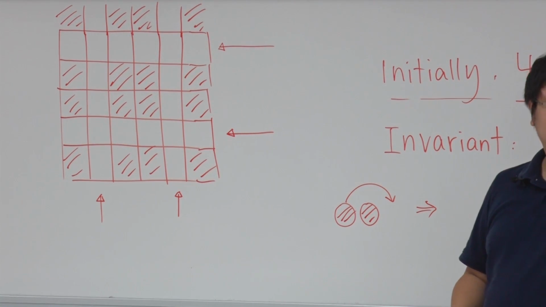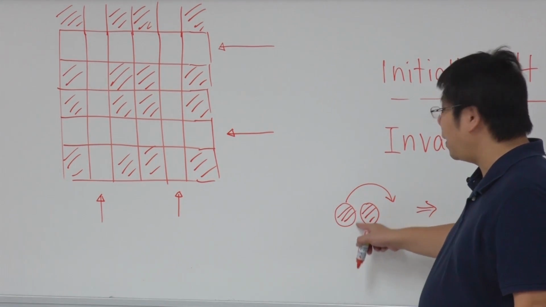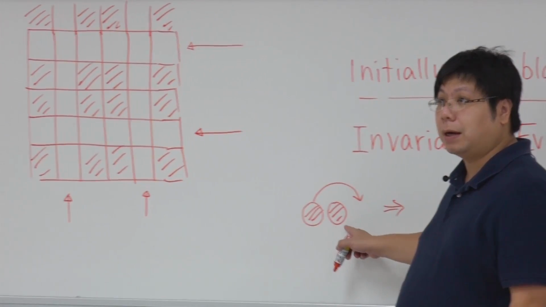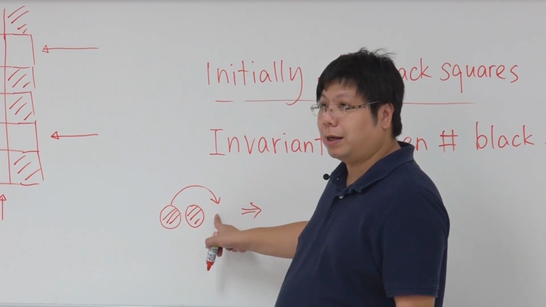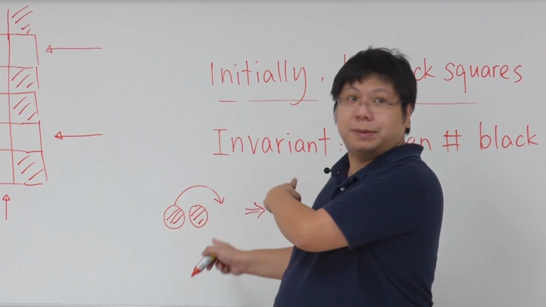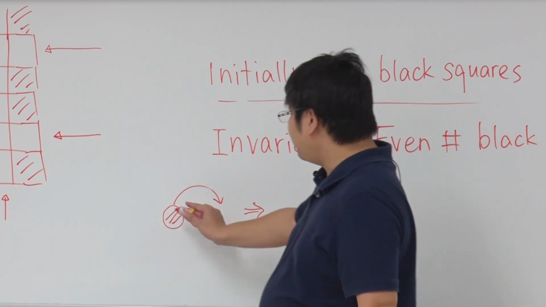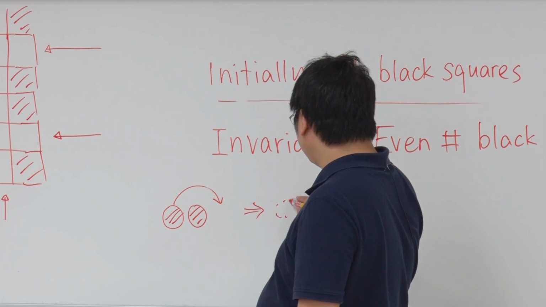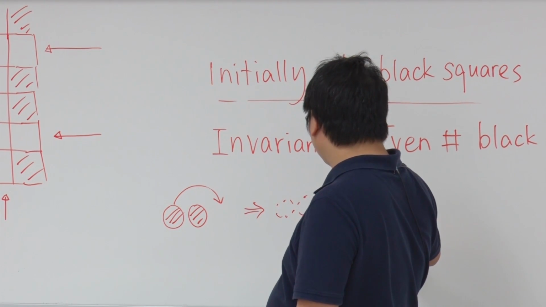If this is occupying a black square, and this is occupying a black square, then what will be the square here by our coloring scheme? Black, black must be white, right? So you don't have this one anymore, you don't have this one anymore, and then this will occupy a white position.